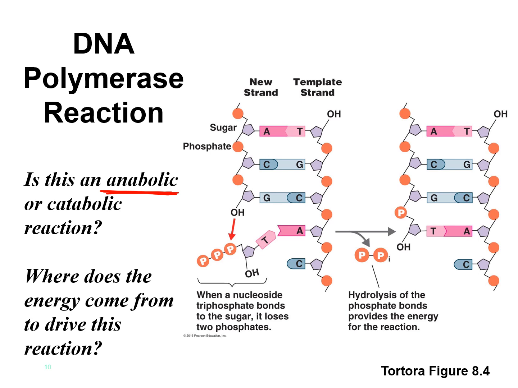Okay, so hopefully you notice that the nucleotide here has 3 phosphate groups, right? And what we're going to do is we're going to chop 2 of them off. And these covalent bonds that are holding the phosphate groups on, they store a lot of energy. So when you chop those phosphate groups off, that releases a lot of energy. So that's where the energy comes from to drive this reaction.